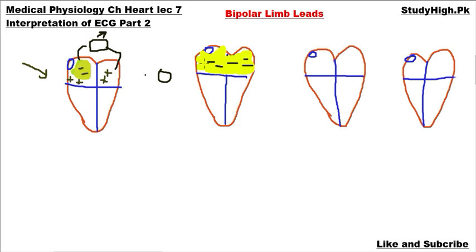Whereas in this condition, there is no positive region, so the positive terminal of this electrode will also be connected with the negative region, and all are at the same potential. As a result, there will be no deflection by this electrocardiographic meter. Zero. No resultant vector is generated by our cardiac atrial muscles.